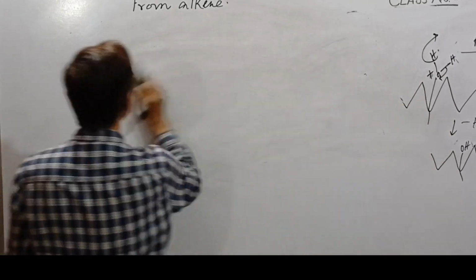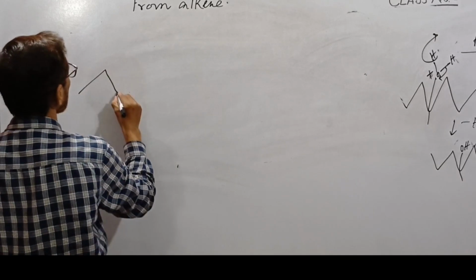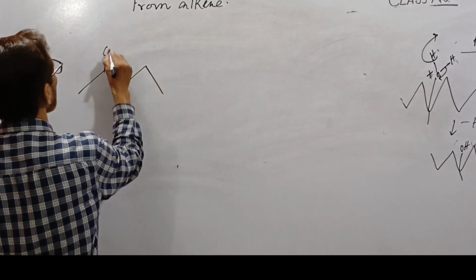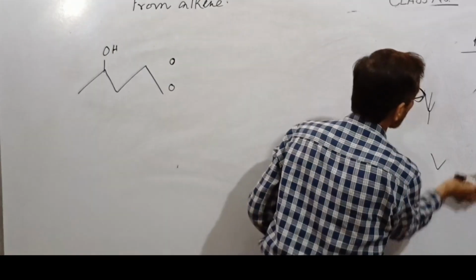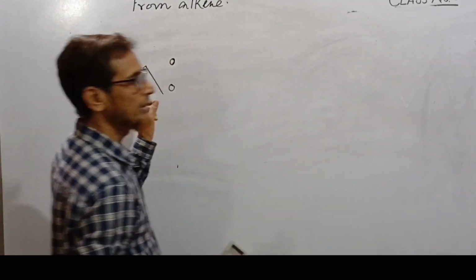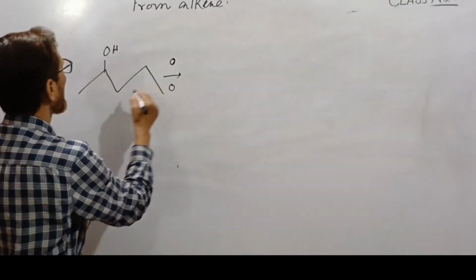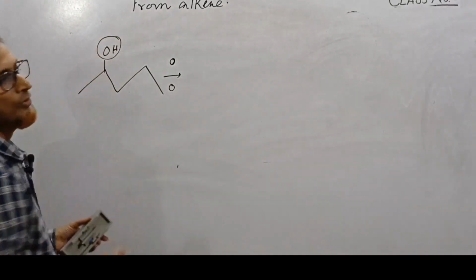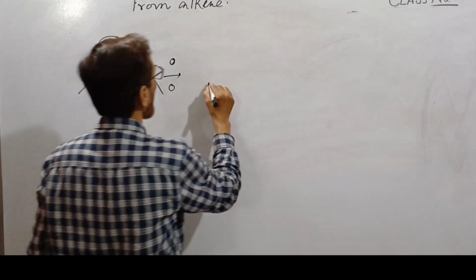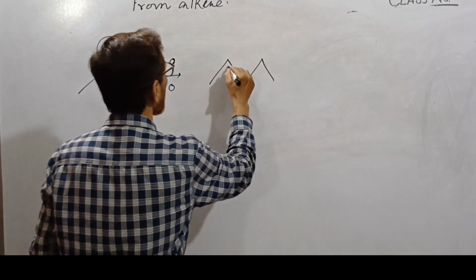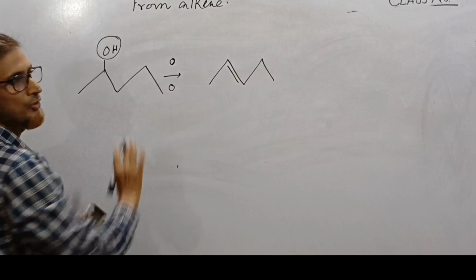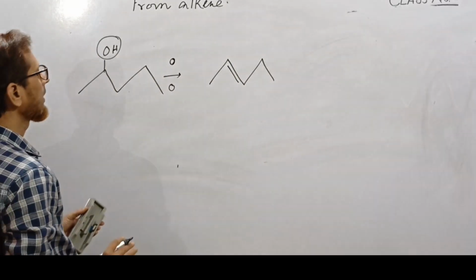Third one. All are textual, and these are very interesting. This is not tough. You are asked to prepare this one, and again it is from acid hydrolysis. I need an alkene, and this is the alkene. There is no methyl group here. Am I right?